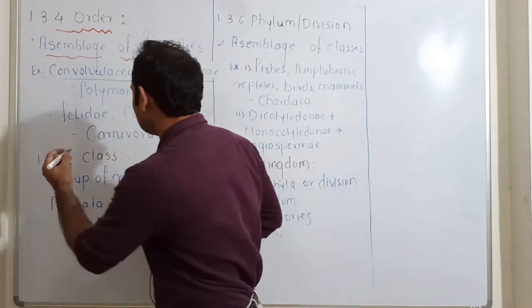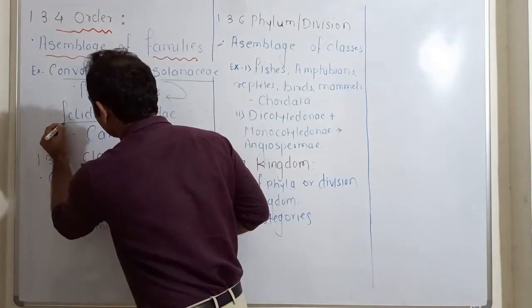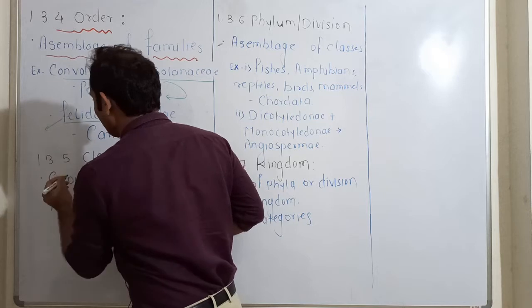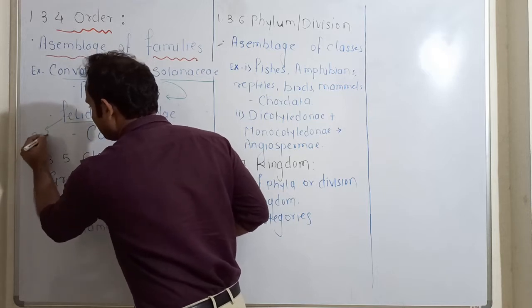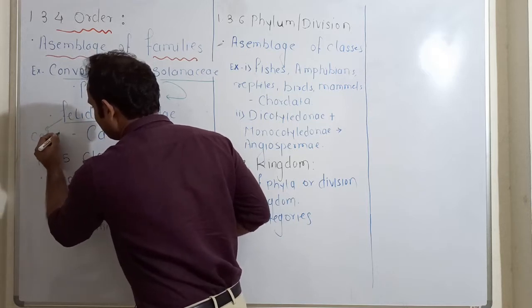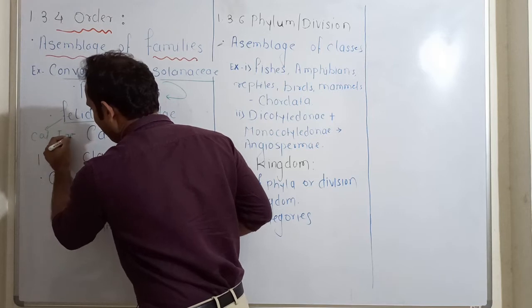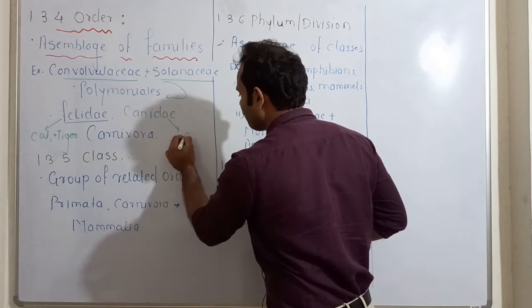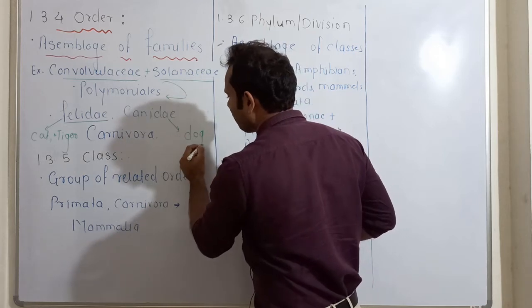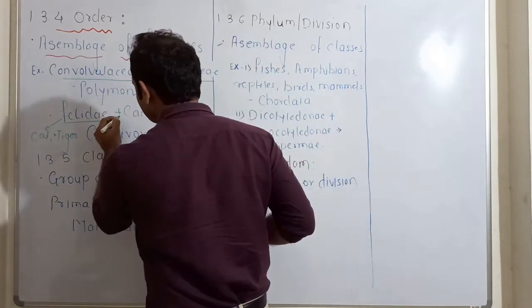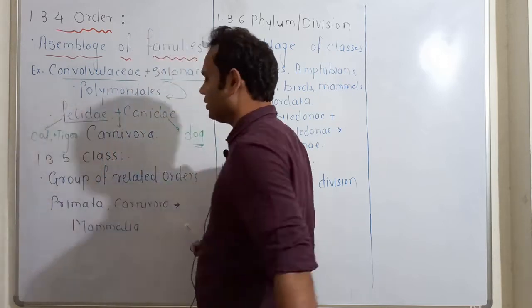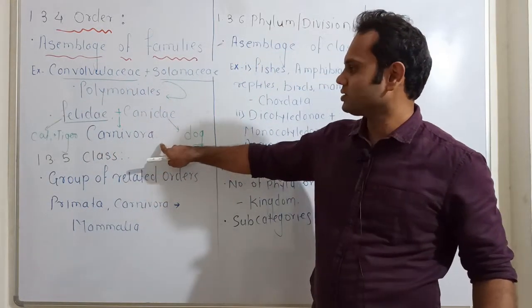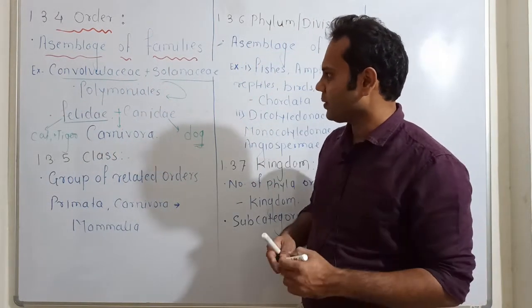Likewise, if we see two families, Felidae is the family of, you can say, cat, then tiger. And Canidae is the family of dog. So these two families are placed in the order Carnivora.